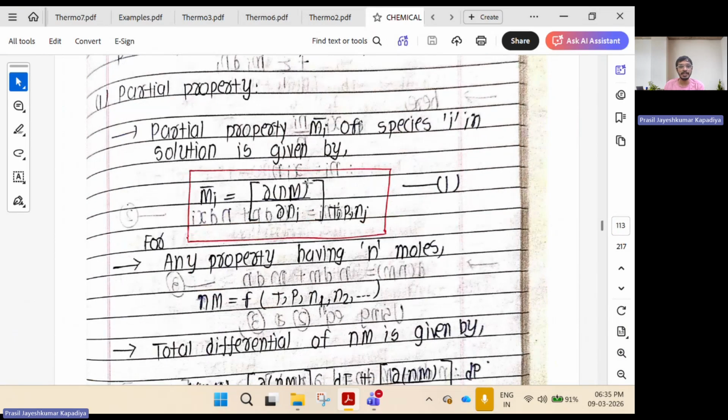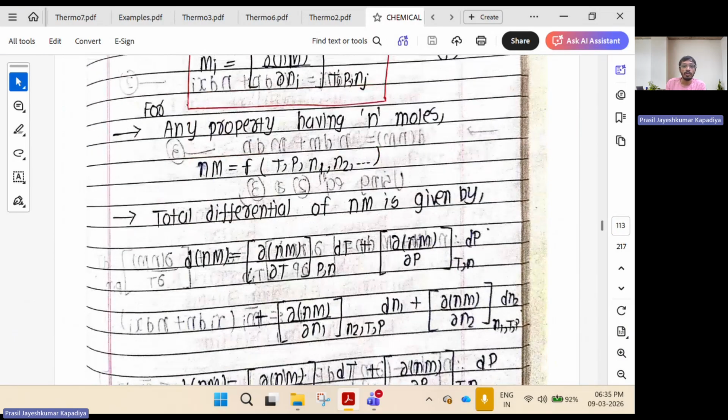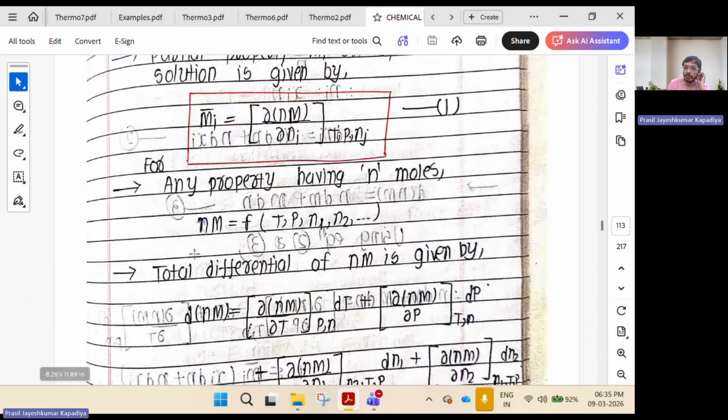So what I am seeing, this nM is a function of temperature, pressure, n1, n2, up to however many components we have. Let's say we are just dealing, as of now, with a binary system. Can I write the total differential of nM, which is a function of T, p, n1, n2?